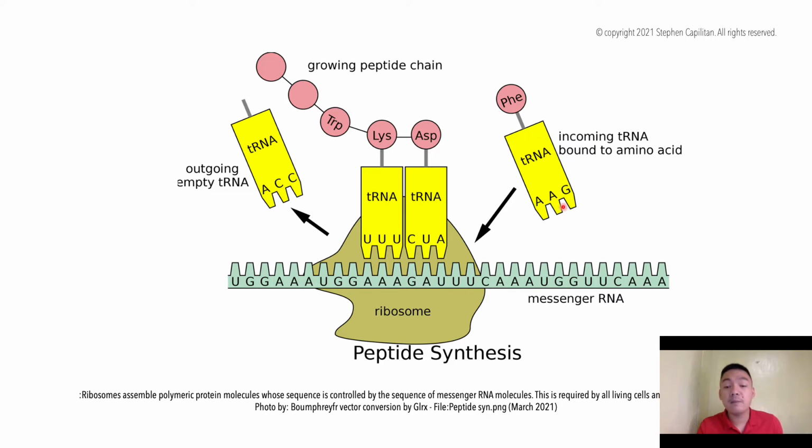So this is the overview of the process, and they are also following a process where there is a tRNA bound to an amino acid, which is phenylalanine. It carries an anticodon, and once it reads the messenger RNA, it will be attached to the ribosome, and all of the growing peptide chains will be interconnected with each other, because the nitrogen part of your phenylalanine will just grab the carboxyl part or the carbon part of your aspartic acid.